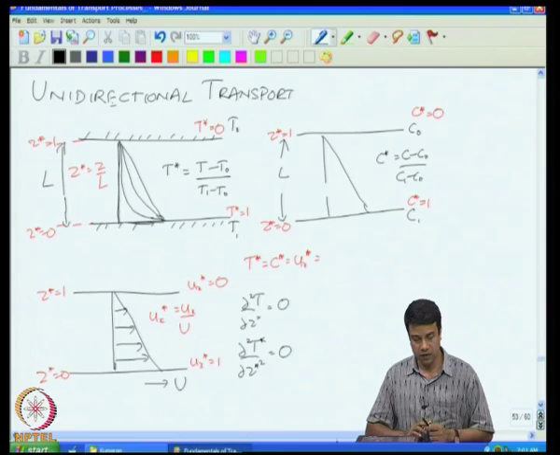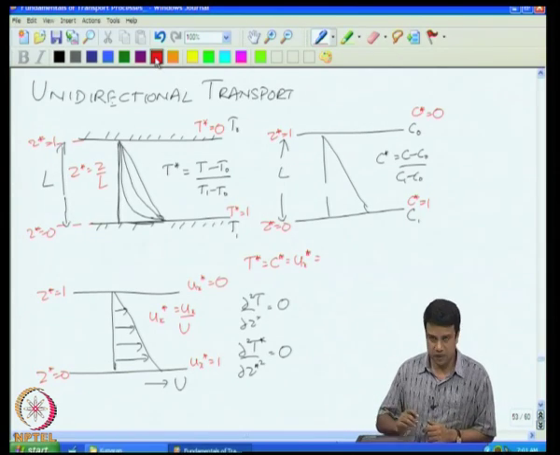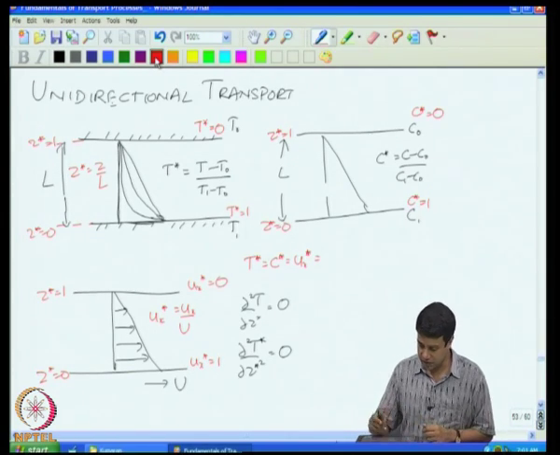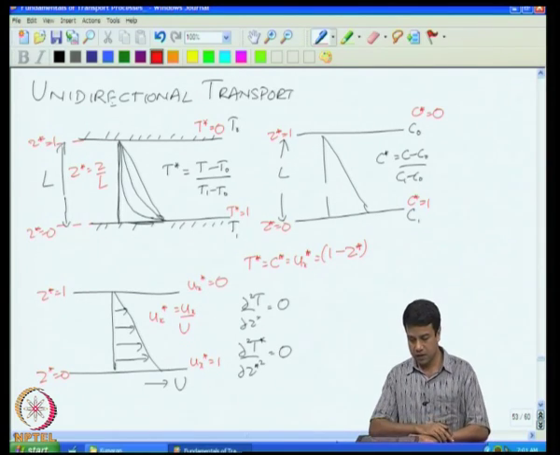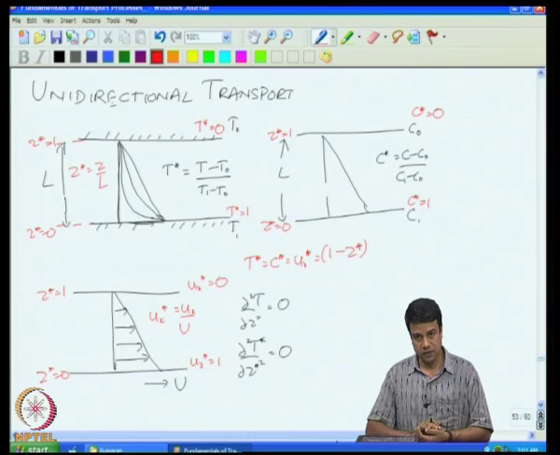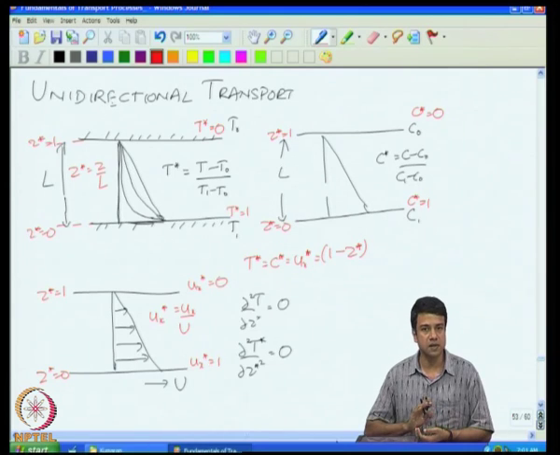That means that T star, C star and ux star have to be linear functions of position. And you can easily verify that the linear function that satisfies this is 1 minus z star. So, that is the solution of the equation. It is exactly the same at steady state for all three cases, once I have expressed it in terms of scaled variables.